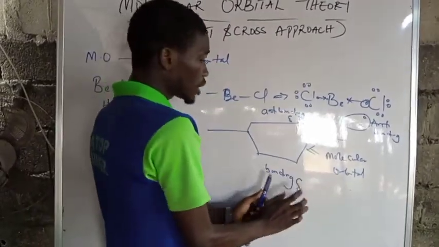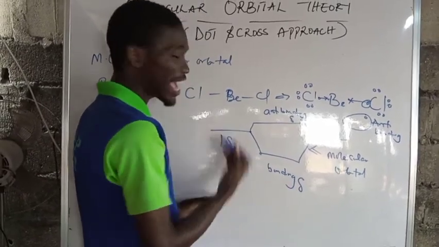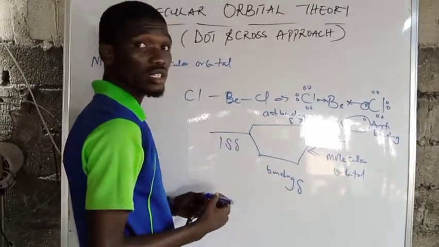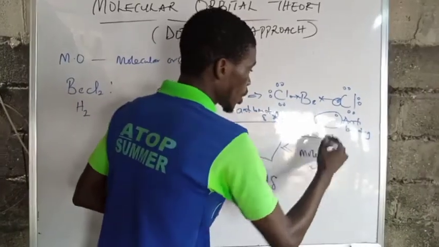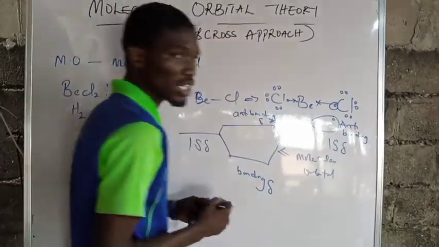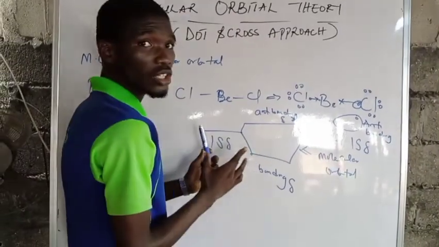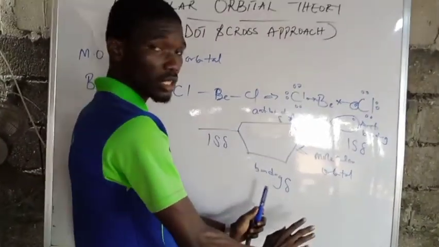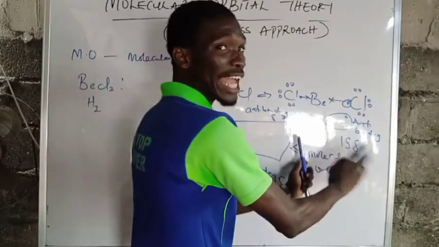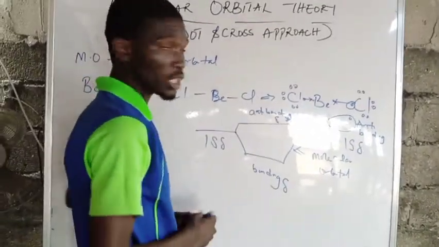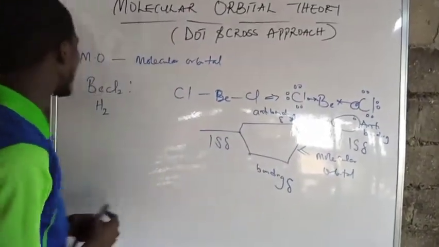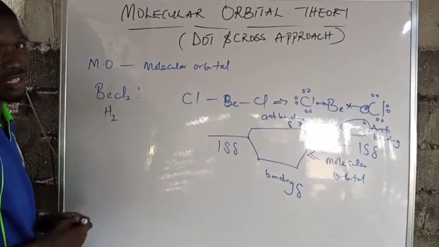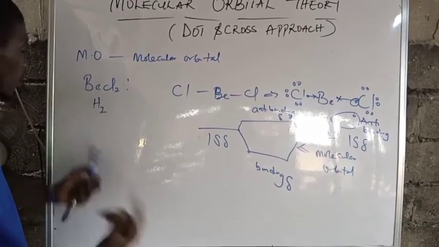While for the normal bonding, we have what we call the 1s sigma. So each one does not depend on the other: one falls under the 1s bonding only, while the other falls under the 1s antibonding orbital. So let's check hydrogen gas, or we call it hydrogen molecules.